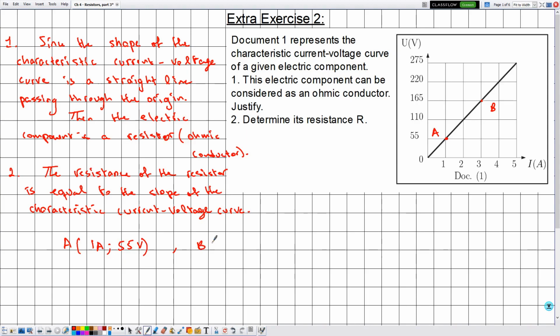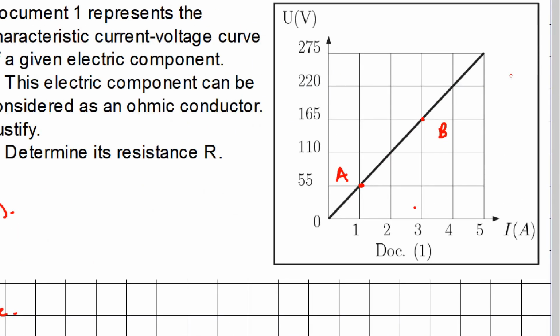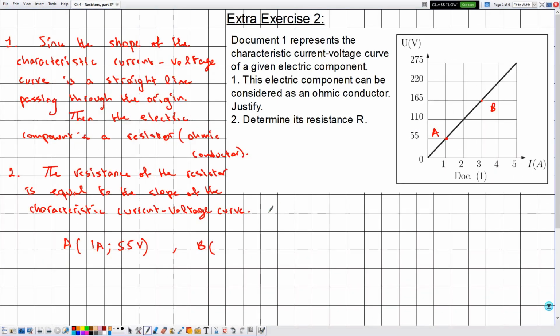Whereas for the point B, it's given by 3 amperes and 165 volts. So this is it for step number 2.